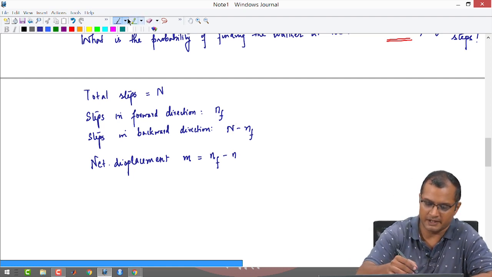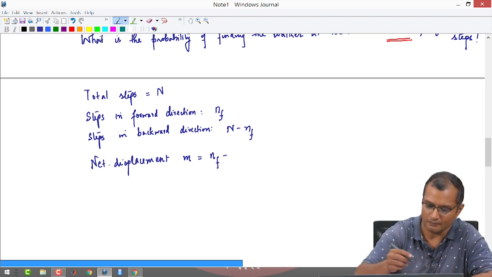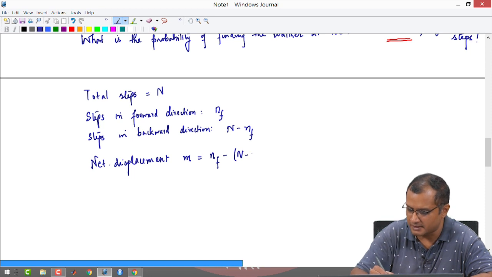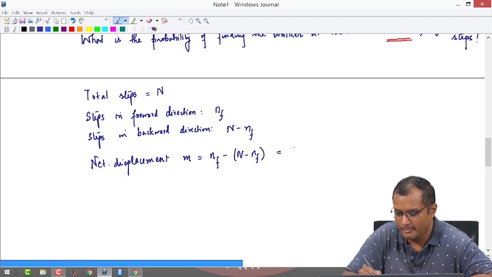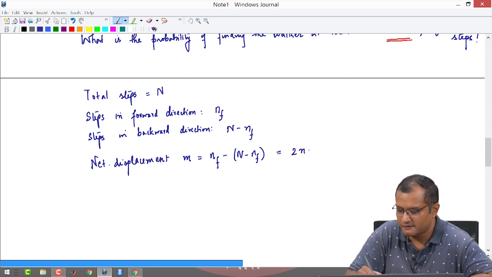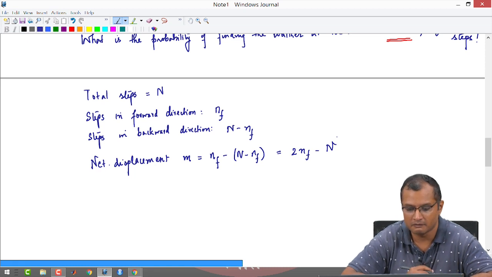Now, this is already computed. So, we know that the backward direction steps are N minus NF, which gives us the value as twice NF minus N, the big N, fine.